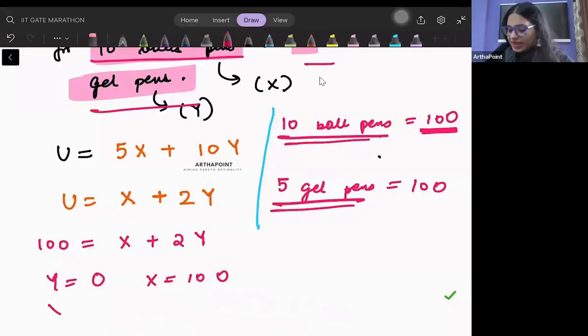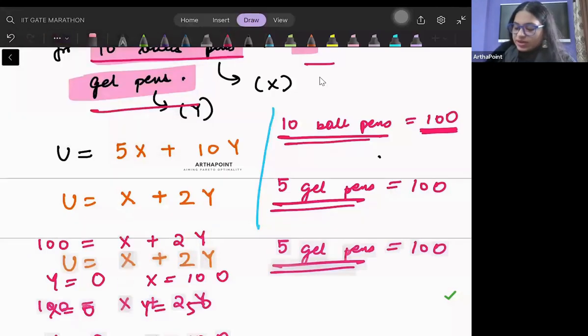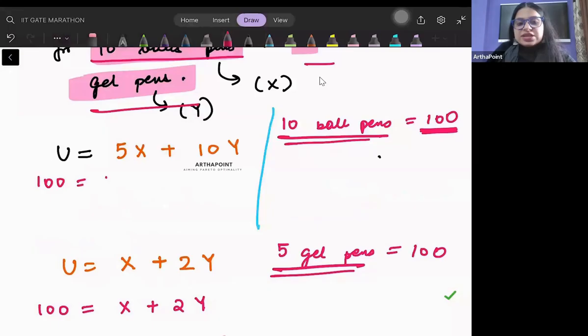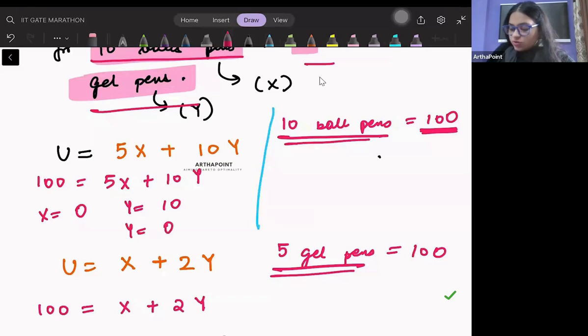If I put x as 0, my y will be 50. यहाँ पे देख लो करके. If I just put 100 is equal to 5x plus 10y, if I put x as 0, my y will be 10. And if I put y as 0, my x will be 20.